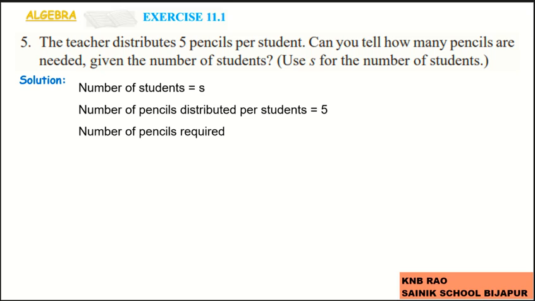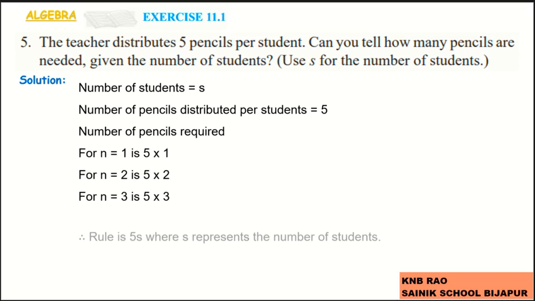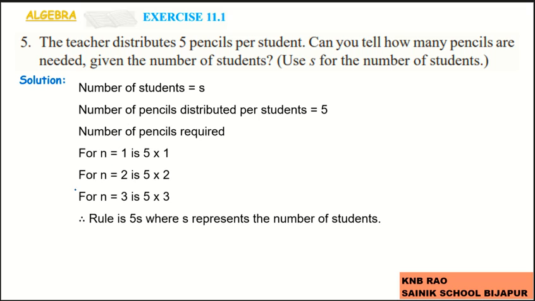Therefore, the total number of pencils required will be 5 into S. So the rule will be 5S to say how many pencils we require to distribute, where S represents the number of students.